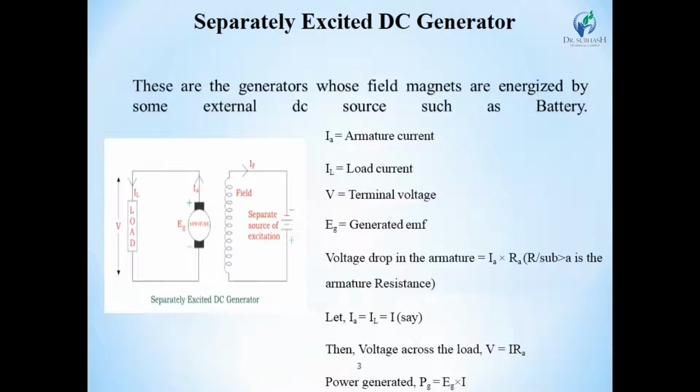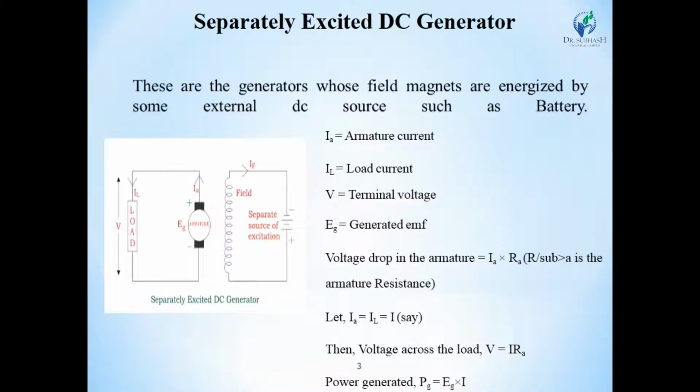We can write it as IF = VF / RF = constant, where VF is the external DC source and RF is the resistance of the field winding. The flux produced in the air gap is proportional to the field current, hence with the constant field current, the air gap flux will remain constant.